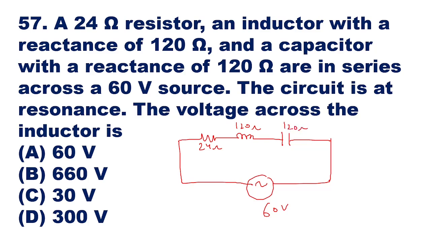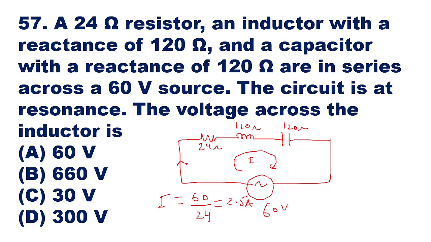So at resonance, when the voltage is applied, the current I which flows here will be obtained by only the resistor in the circuit, because the reactance of the inductor and capacitor will get cancelled out. So the current is given as I is equal to 60 upon 24, which is 2.5. So the current is 2.5 ampere.